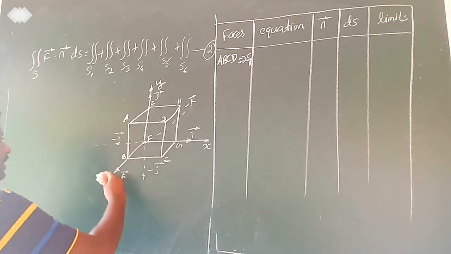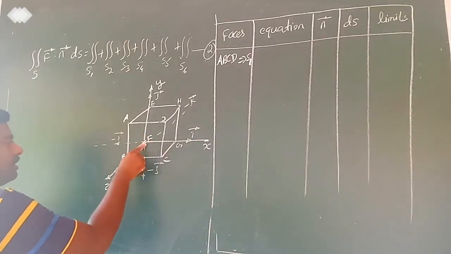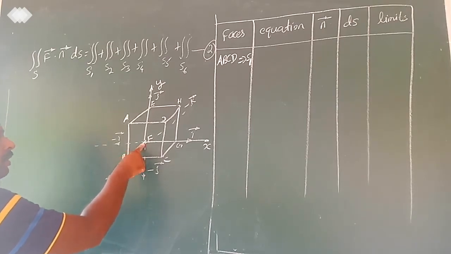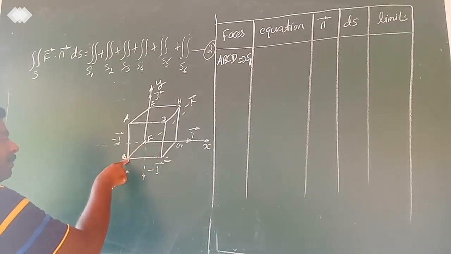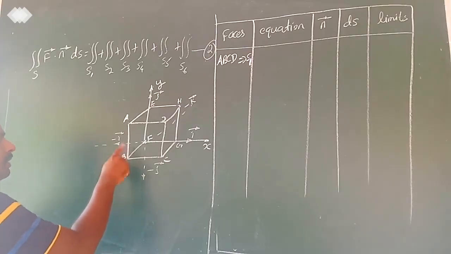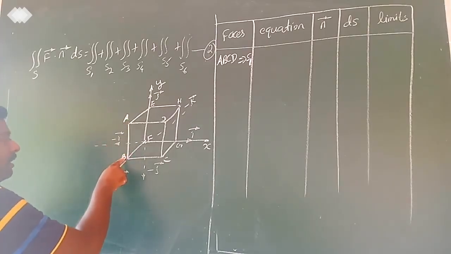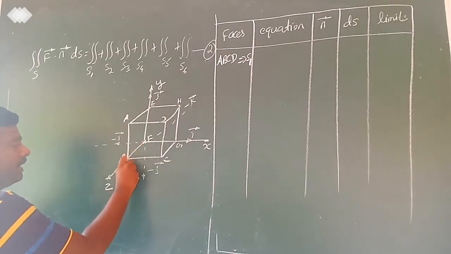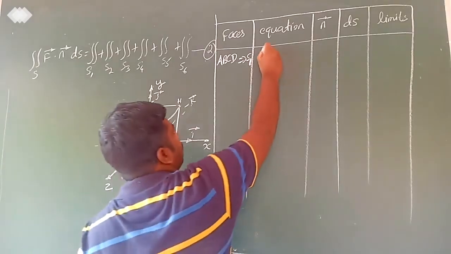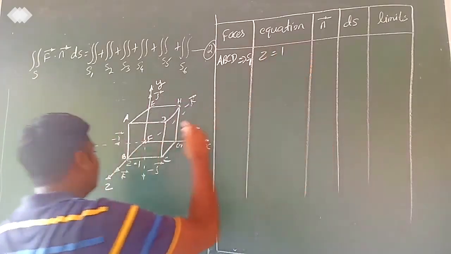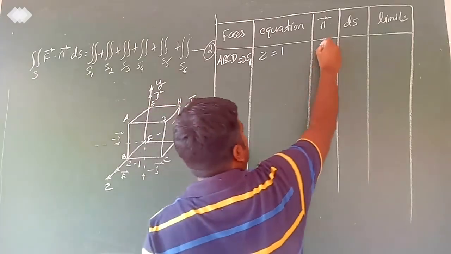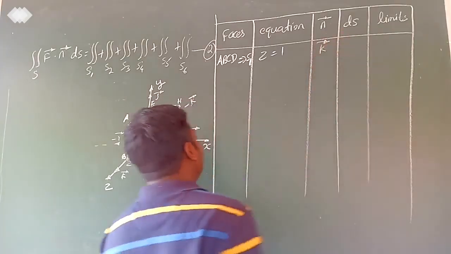So here z equal to 1 because this is the origin, x equal to 0, y equal to 0, z equal to 0, and in the z-axis this point will become z equal to 1. So here face A, B, C, D, the equation z equal to 1. And n vector: in the z-axis the direction is k vector. So this one is k vector.